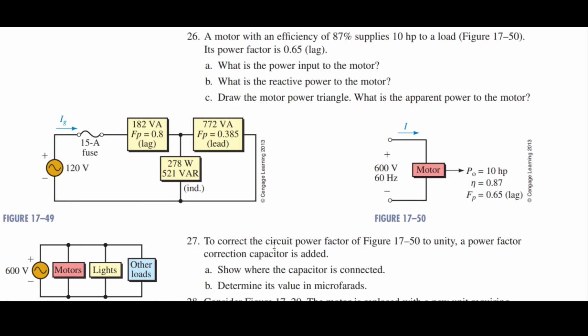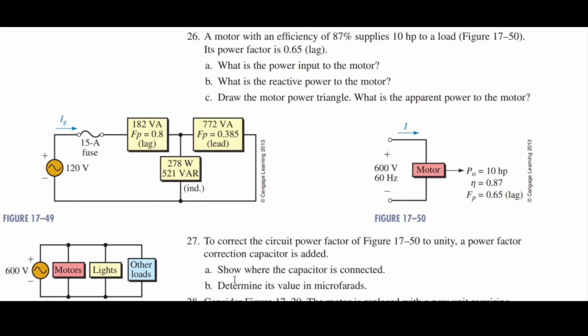It says to correct the circuit power factor to unity, so that's a power factor of 1, when voltage and current are in phase, and our S value equals our watts, and we've got all true power dissipation. To do that, we use a correction capacitor connected right across the source to get rid of the QL value in this power triangle and bring us to unity.